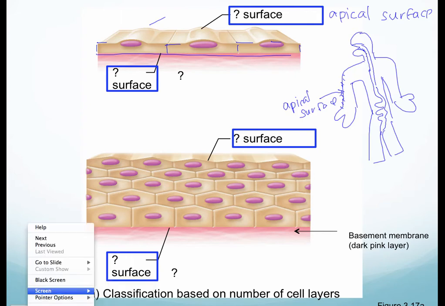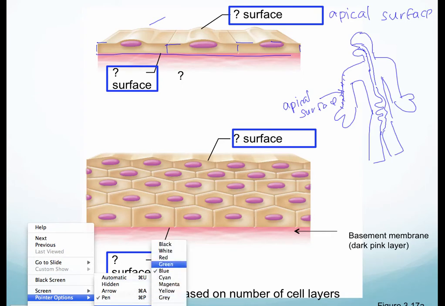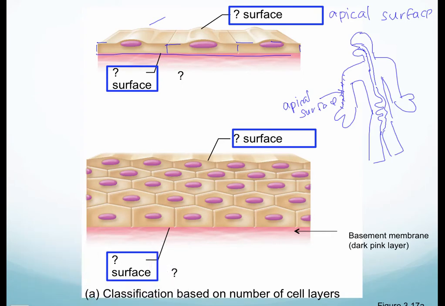Let's go with red. Okay, so everything here in red, because this is facing that canal, this is also the apical surface. So this innermost layer is going to be the apical surface.